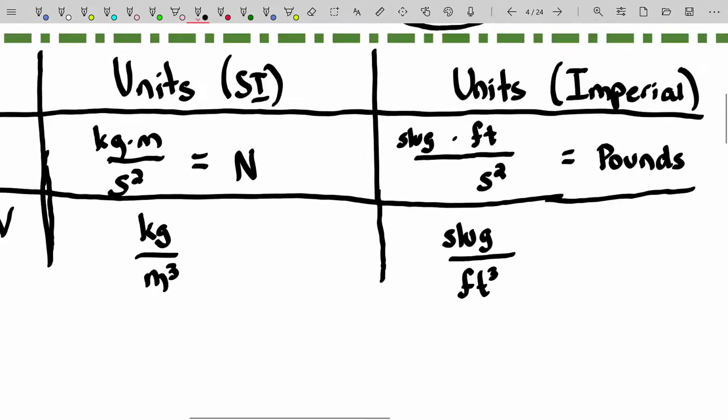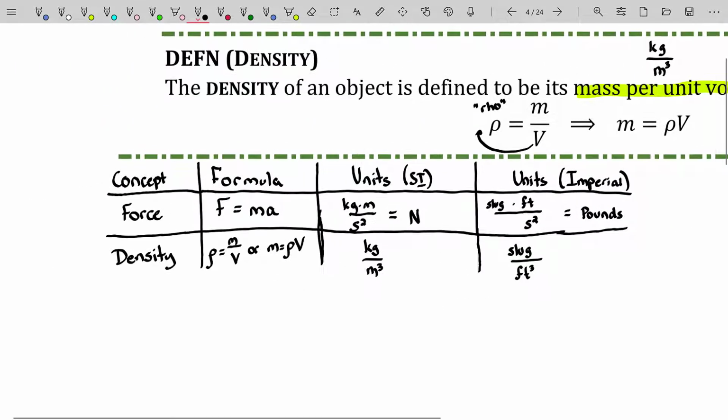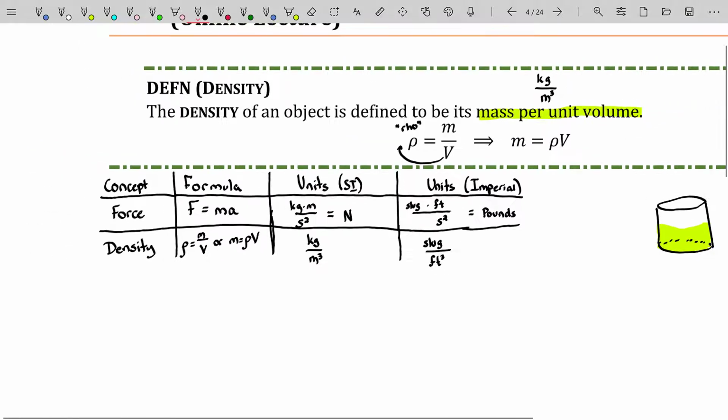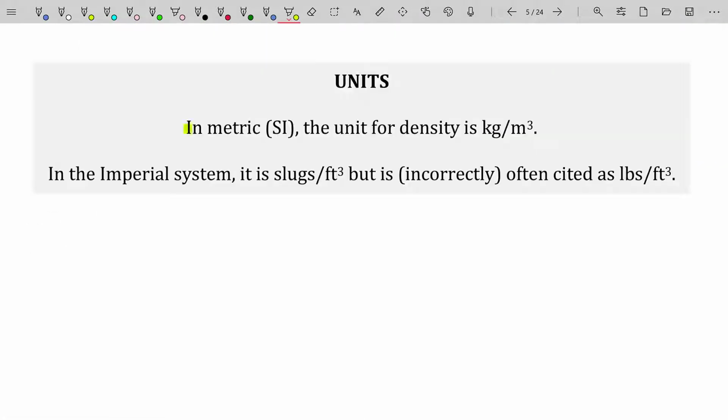Now, something I want to mention here before we move any further is on the next page, so let me hop over there. As I mentioned, in the metric system, or the System International, the unit for density is kilograms per cubic meter. In the imperial system, it's slugs per cubic foot, but it is incorrectly often cited as pounds per cubic foot, because people think for some reason that pounds is a mass, but that's not true.